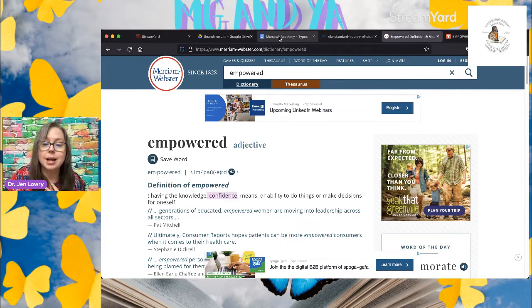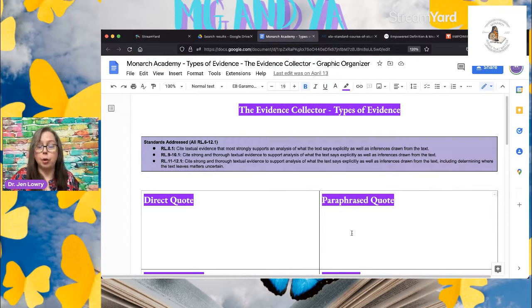So when you come back over to your paraphrased quote, then you could talk about how Ava's confidence built when she was around the headmistress, whether it was listening to her give a speech or when she was receiving direct advice, period.